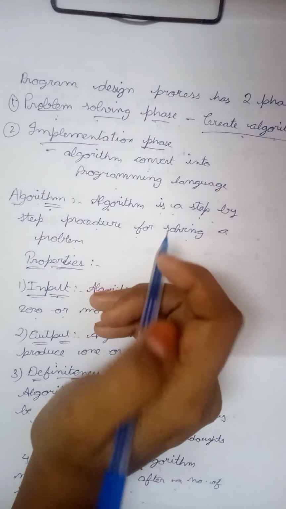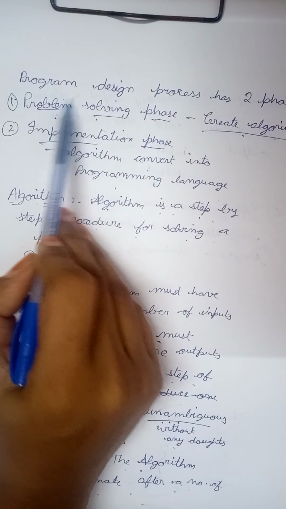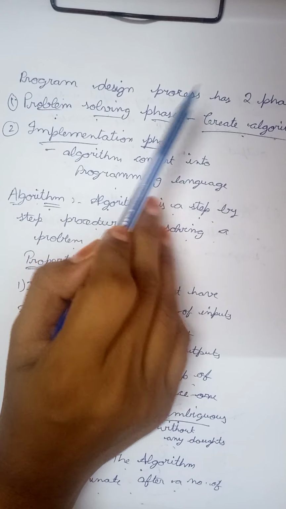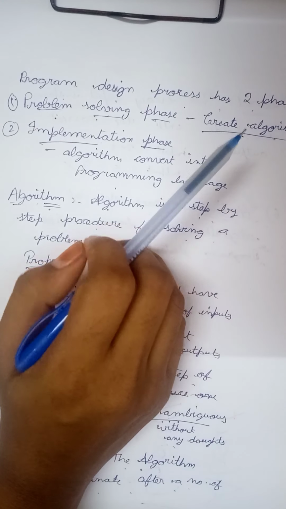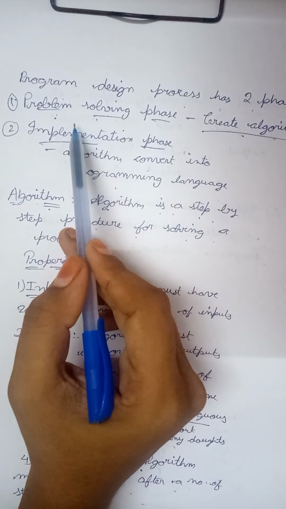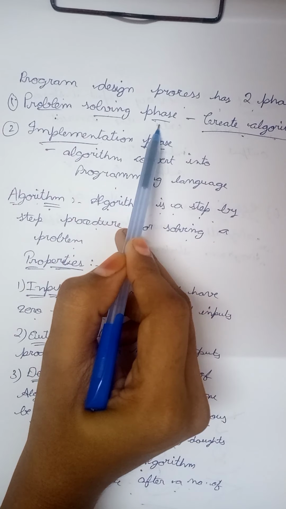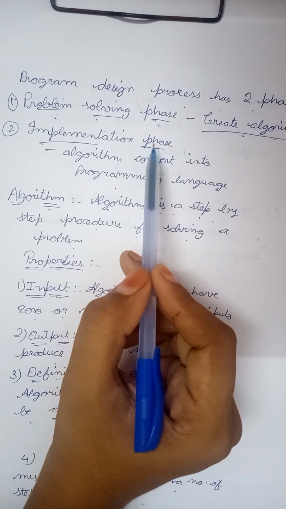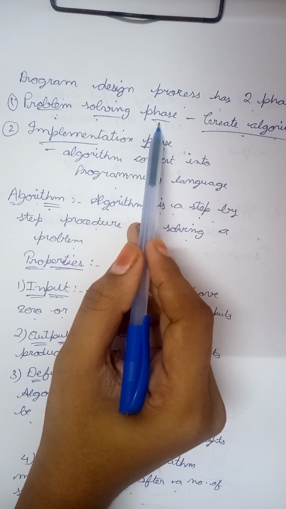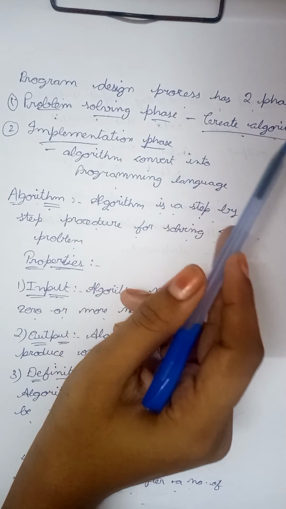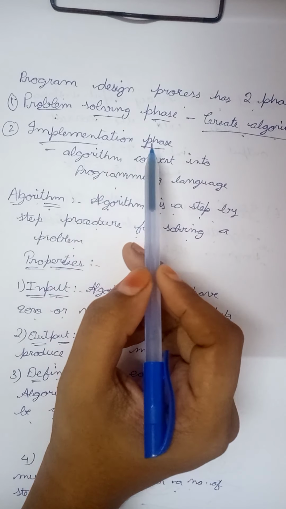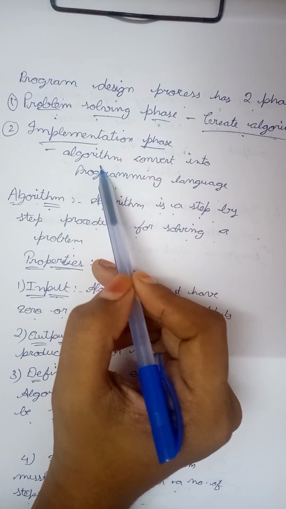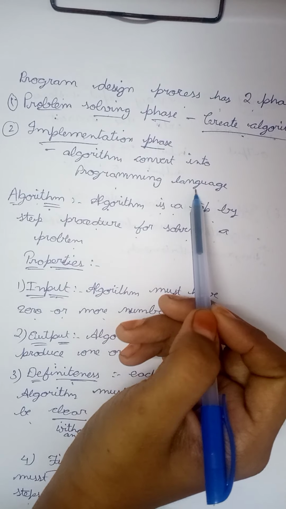In programming, the program design process has two phases. The first phase is the problem solving phase and the second phase is the implementation phase. In the problem solving phase, we create the algorithm. In the implementation phase, the algorithm is converted into a programming language.